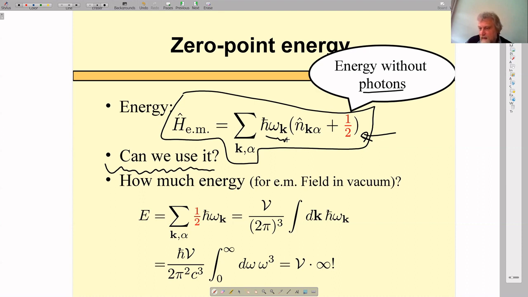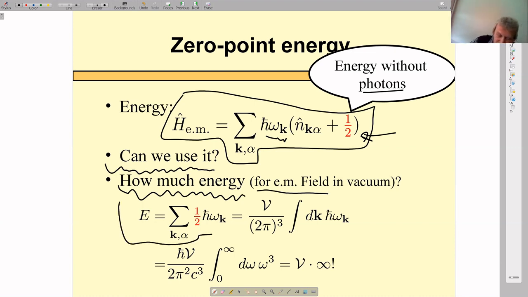But anyway, it's like counting money in somebody else's pocket, trying to figure out how much your neighbor earns, right? You can also do a similar calculation. Let us understand how much energy is there in a vacuum. Take an electromagnetic field as an example. Well, let's make a sum. That sum is, of course, infinite because of the infinite number of terms. Let us understand how infinite is infinite.